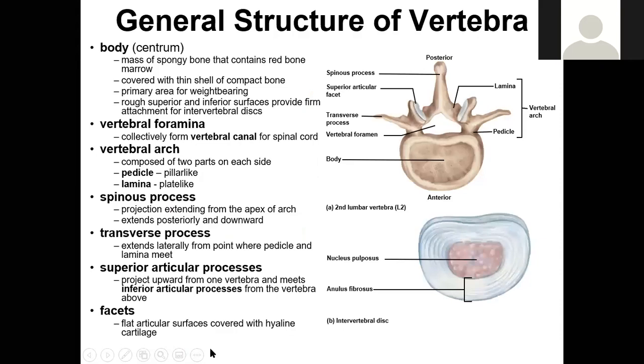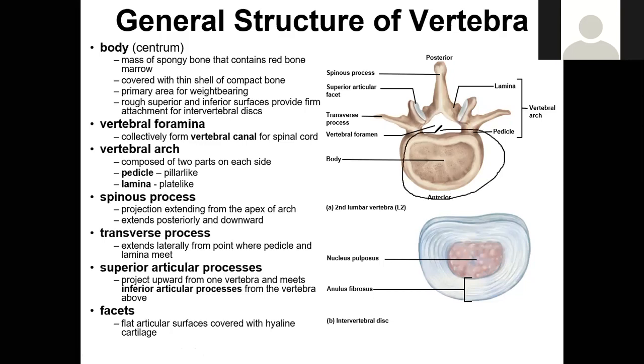So let's go over the general structure of a vertebra. Okay, so we have the body. The body of the vertebra is the most massive area of the vertebra itself. It's this area right here.